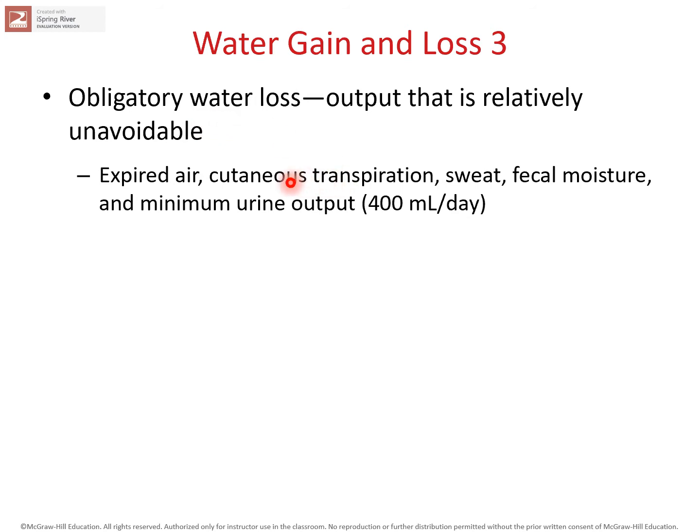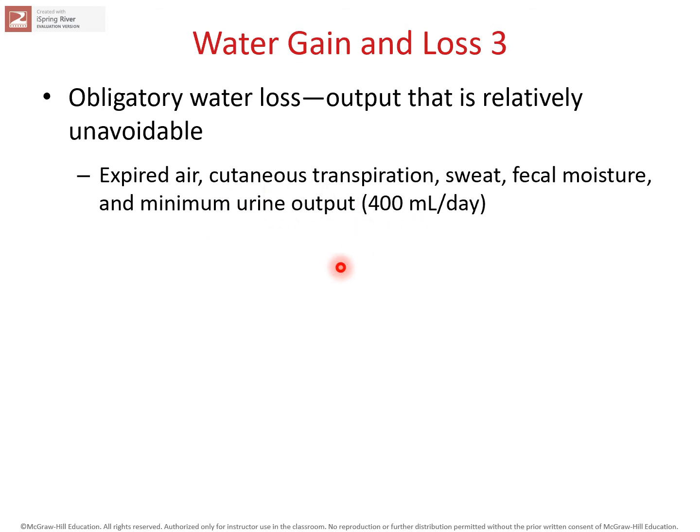So the obligatory water loss is the output that is relatively unavoidable, meaning you have to lose some amount of water to survive in the form of expiration, that is breathing out air, cutaneous transpiration through the skin, some amount of sweat, which differs from season to season, then fecal moisture, about 200 ml, and then minimum urine output.